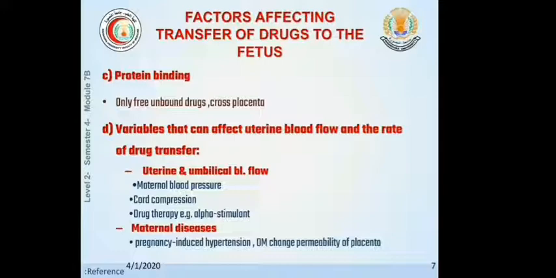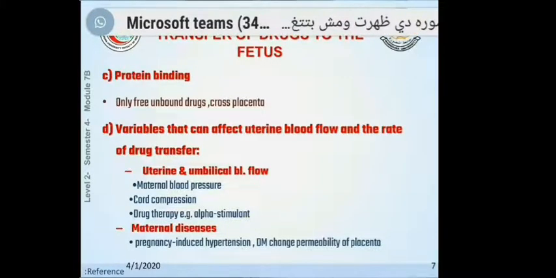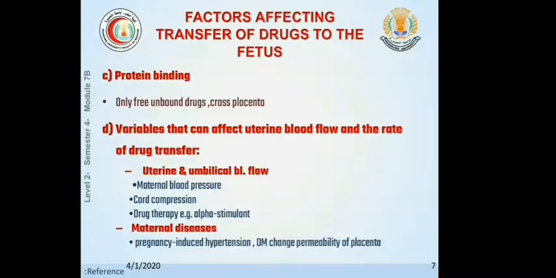What are the factors affecting increased maternal unbound drug fractions? It is due to decreased plasma albumin concentration during pregnancy. You know that during pregnancy there are some physiological changes in the circulation of the mother, affecting the kinetics of the drugs taken by the mother.